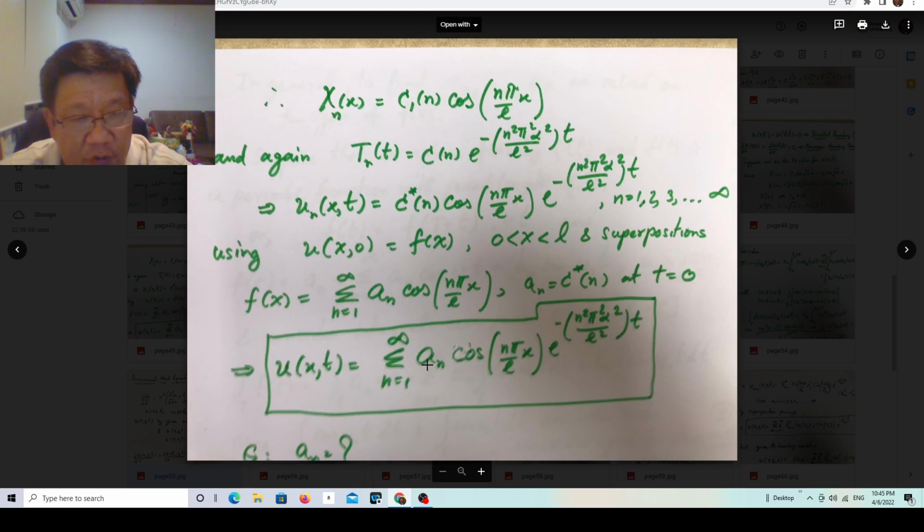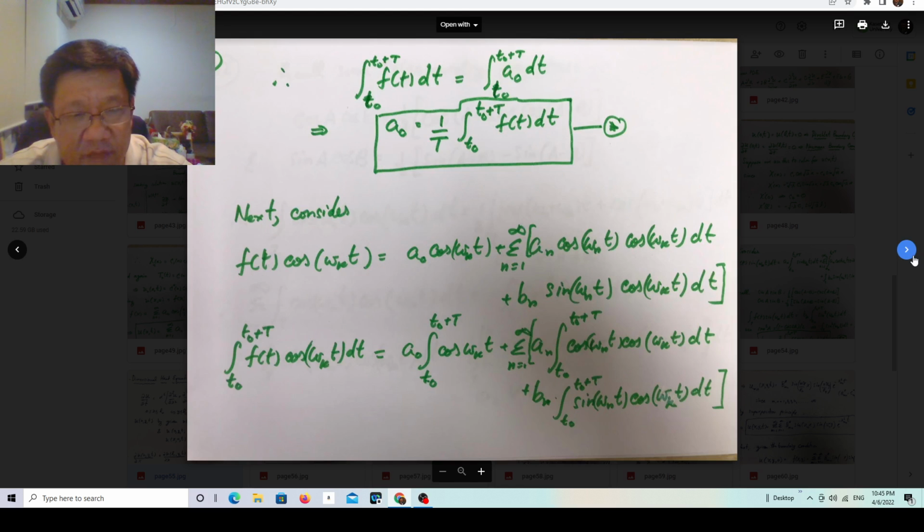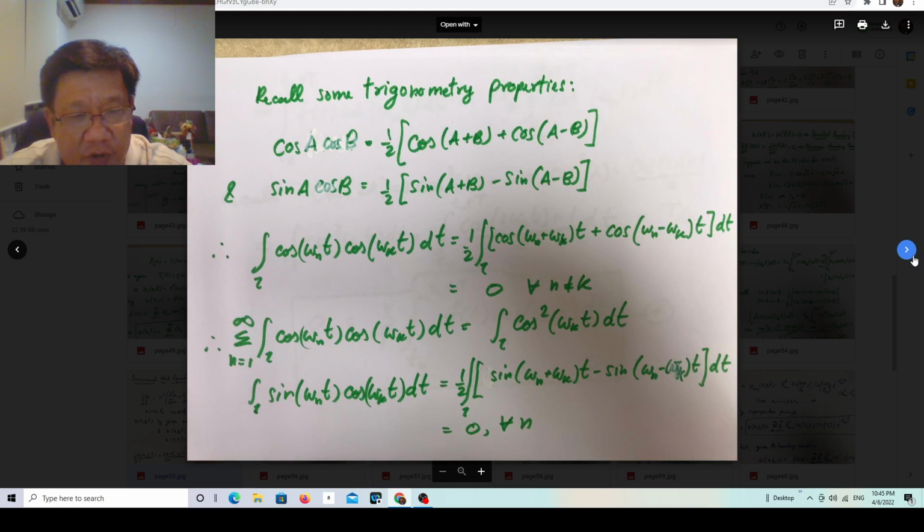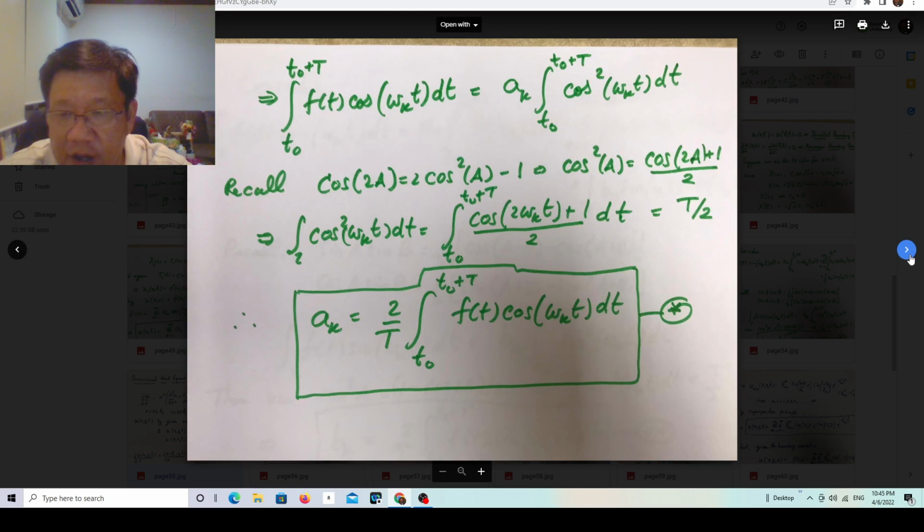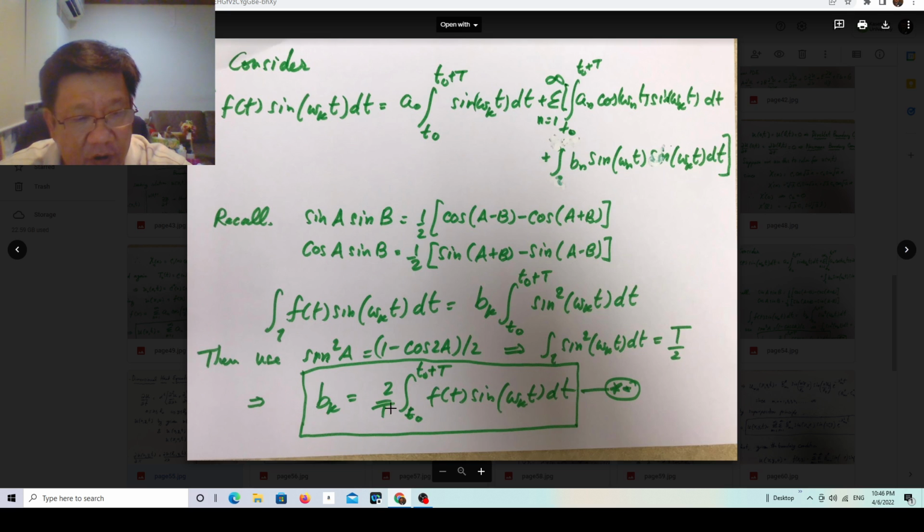This one belongs to the Neumann condition, as you might remember, but for the Neumann condition you need to find a sub k, and for the Dirichlet condition you end up having to find b sub k.